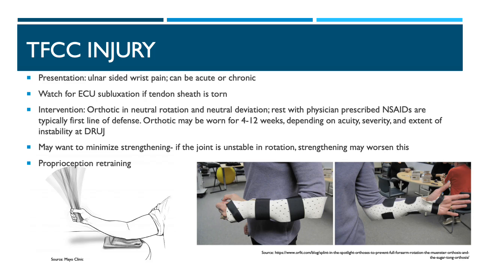If it's not that unstable, something that could help is strengthening the pronators, because they're going to help with the stability of the DRUJ because of how the pronators connect across from the radius to the ulna. If those muscles are a little bit tighter and do a better job pulling together, they'll help compensate for the lack of stability with the TFCC. So just depends on your patient and their needs.